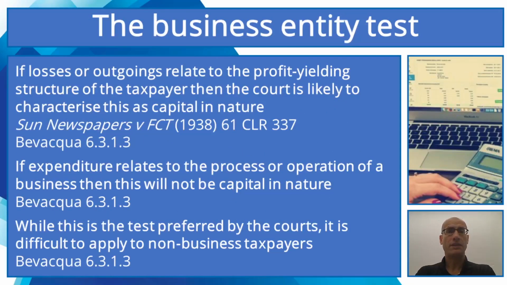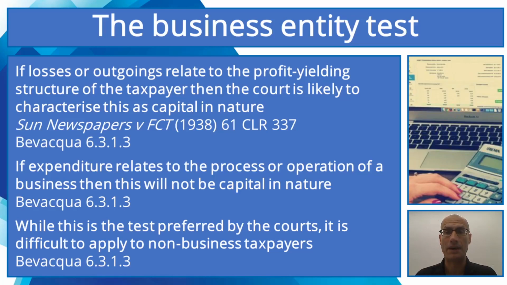Now, the third test is what's known as the business entity test. And this sort of folds the previous two tests into it. And the courts here look at the underlying structure of the relevant business for determining whether or not an item is capital or not. And they have said that if the particular expenditure relates to the process, the day-to-day operation of the business, that's going to be essentially revenue.